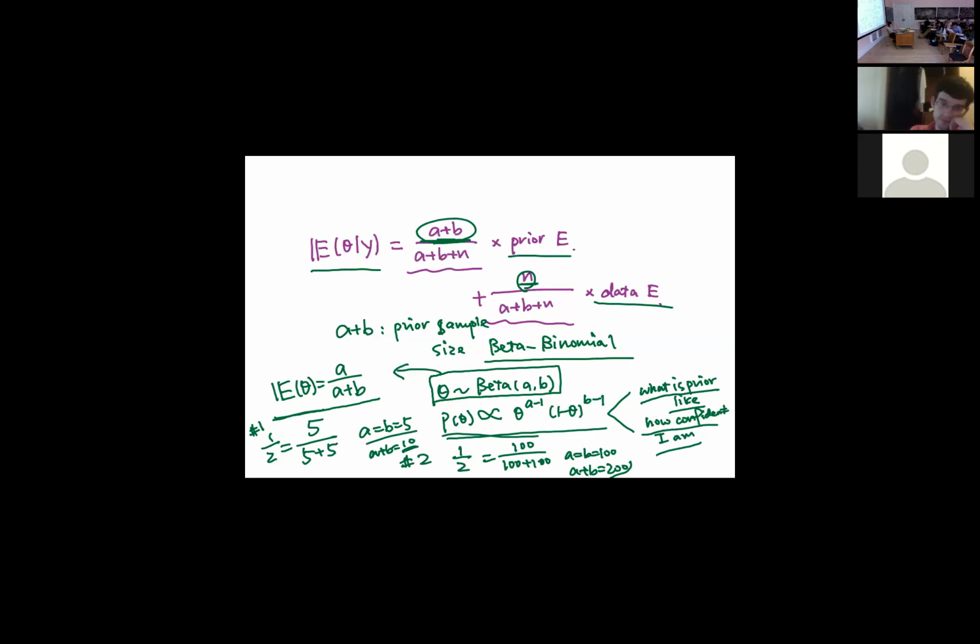In the beta binomial, we have seen it's A plus B. In the gamma Poisson, I forgot exactly what it is, but some kind of algebra of the parameters there represents the prior sample size. And in the normal, kappa 0 is what we define, and it still makes sense from the central limit theorem. Kappa 0 is considered to be the prior sample size, and you can play with that to show your confidence in some sense.